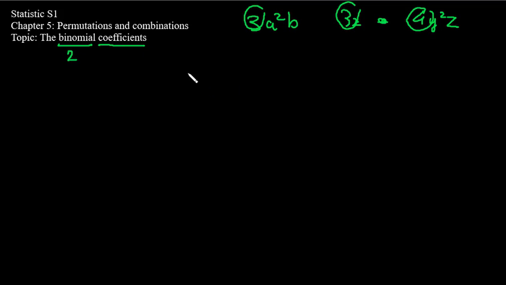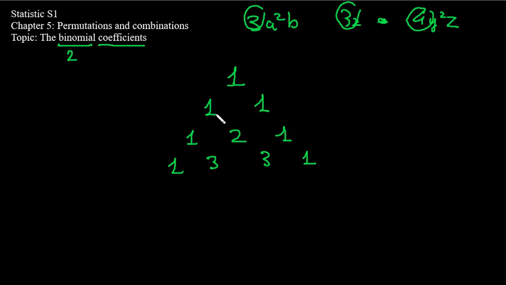To understand more about the binomial coefficient, we have to take a look at a triangle. We often call it the Pascal triangle. First, the Pascal triangle starts with 1. That lies 1 and 1. That lies 1, 2, 1. That lies 1, 3, 3, 1.